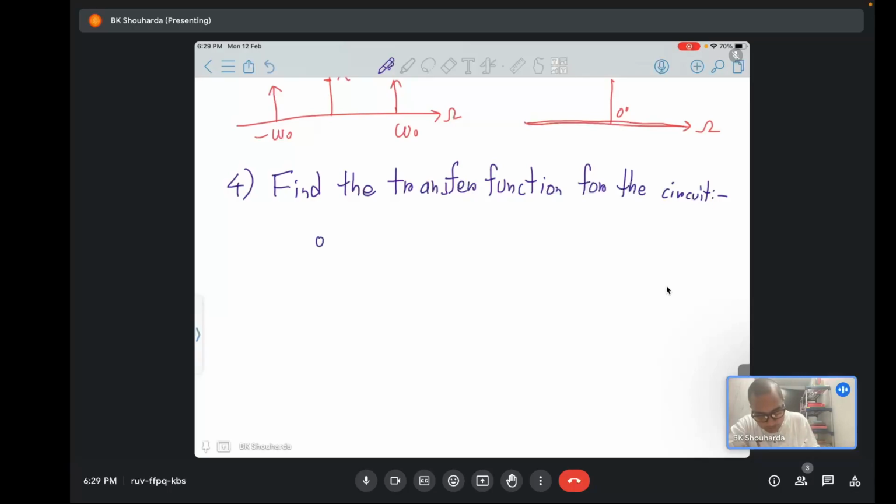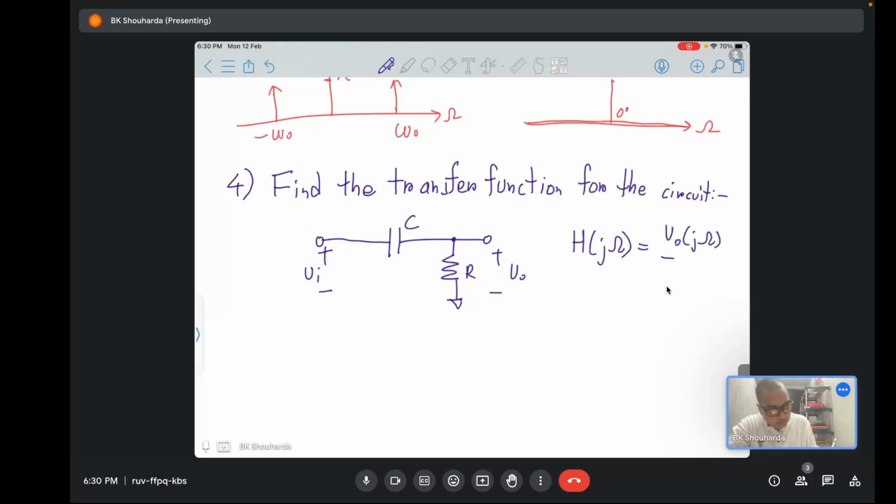Okay, the circuit has a capacitor C and a resistor R. The input applied is Vi and the output received is Vo. So what is the transfer function actually representing? It's the ratio of the output to the input at a given frequency. So we are checking the frequency response of the circuit, how well it behaves at every frequency.